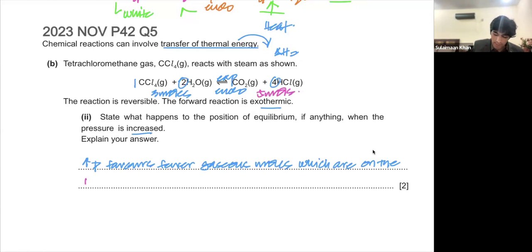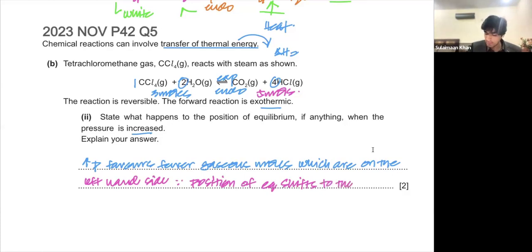On the left, right? Therefore, the position of equilibrium shifts to the left. Boom, खत्म.